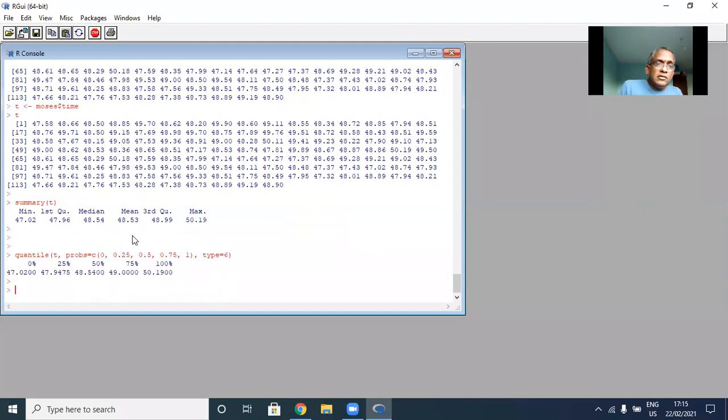Now, type equal to 6 is something that I will use for this course, but there are different types that can be used. But in this course, I will always use type equal to 6. If I use this command, then I get this output.